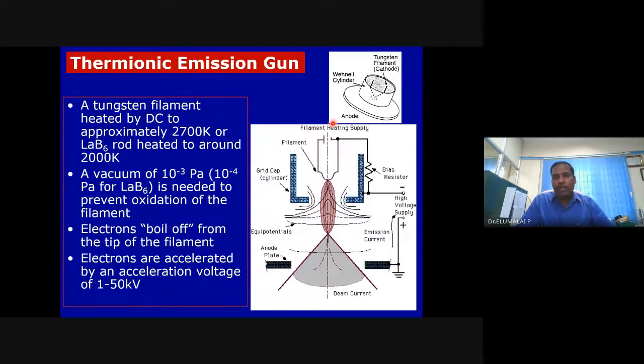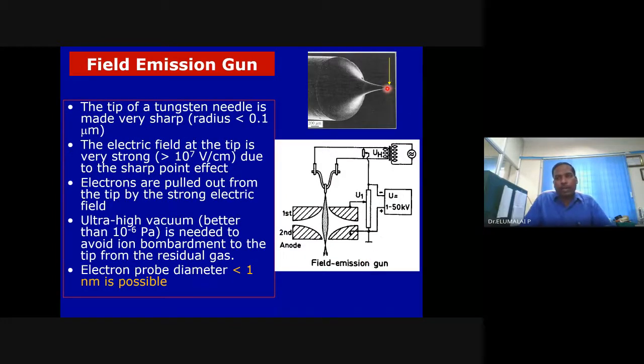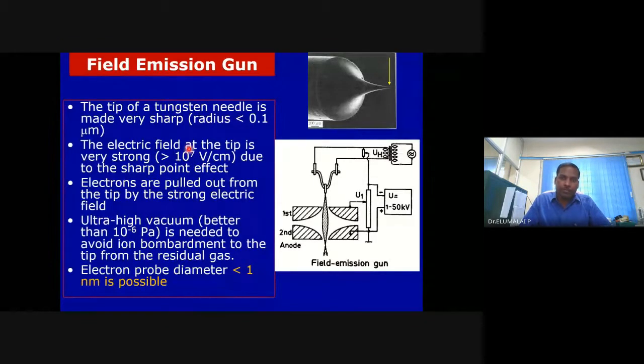Or apply a very high potential between the electrodes, between the anode and the cathode, then also the electrons can boil off. You need to have again very high vacuum. You are applying a very high potential at a probe that is almost atomic thickness.